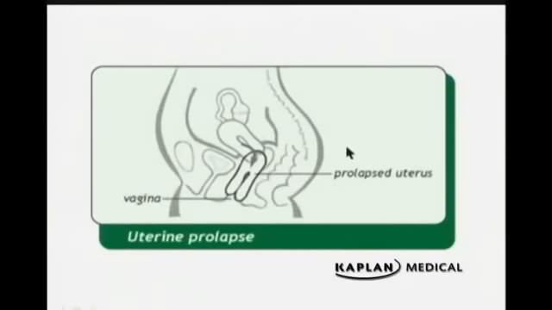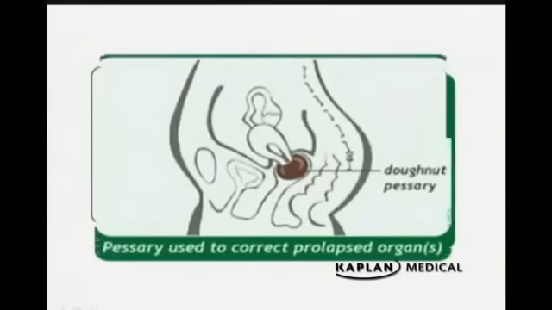Here we see uterine prolapse, and notice the change in the angle of the uterus as it starts coming down.